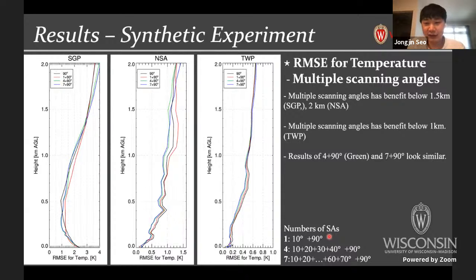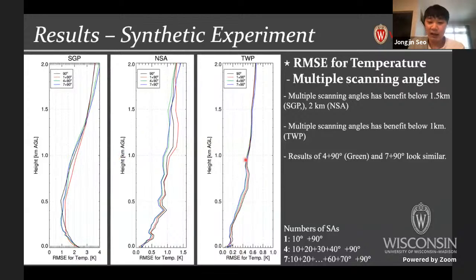And next result is RMSE for temperature at multiple scanning angle test. So at this time, red is 4 more scanning angles plus zenith, and blue is 7 more scanning angles plus zenith. And we can see that it is clear that multiple scanning angles have benefit near the surface and below 1.5 kilometers and 2 kilometers.